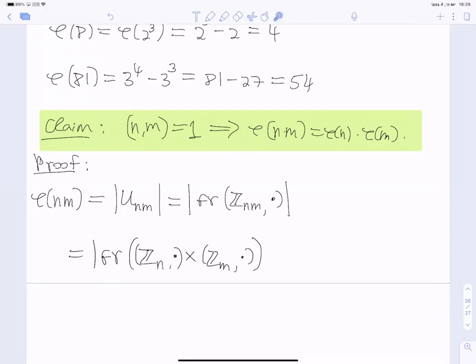Because the map that we have defined above is injective and surjective, so these are isomorphic, also with respect to multiplication.